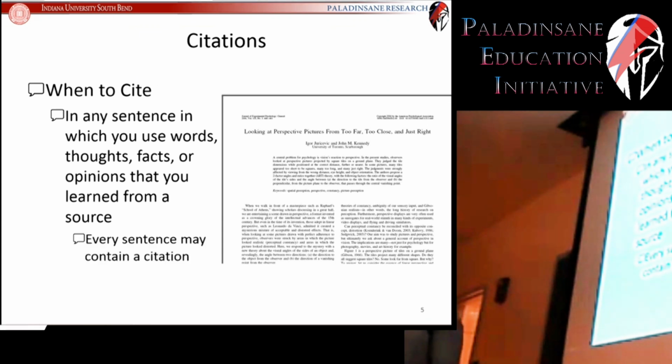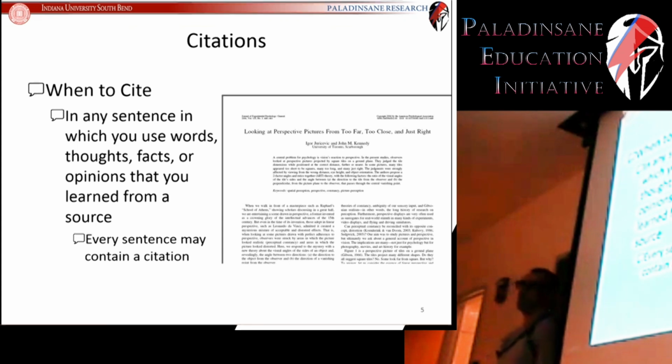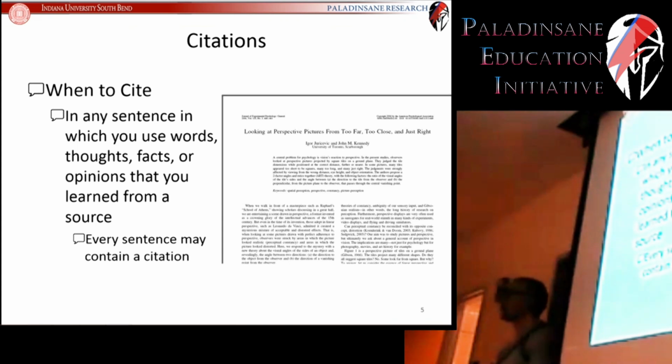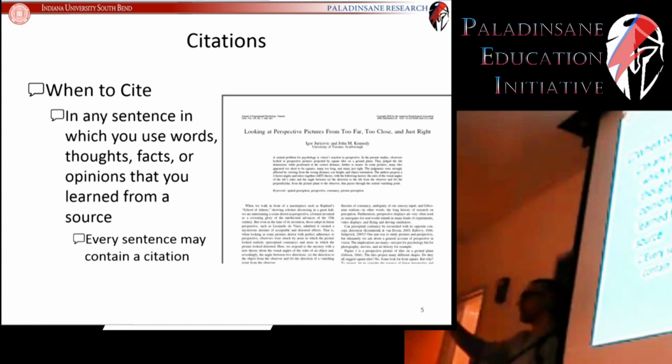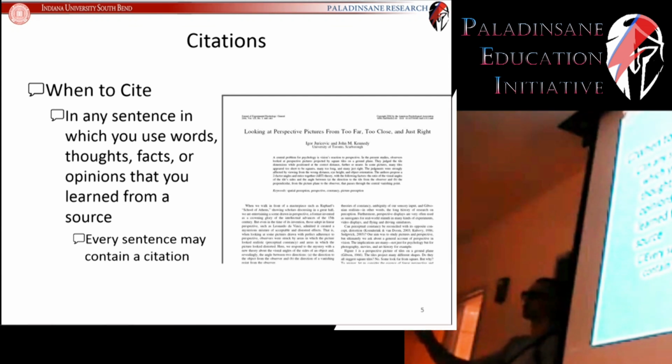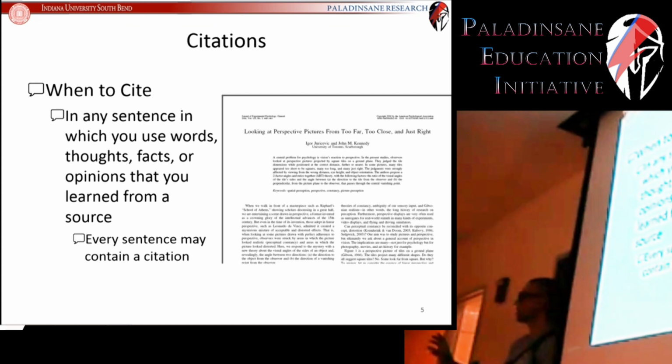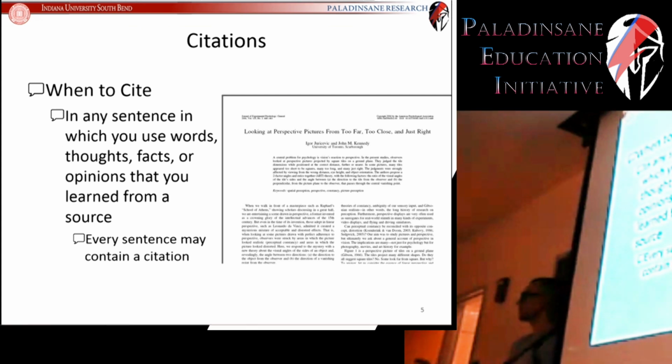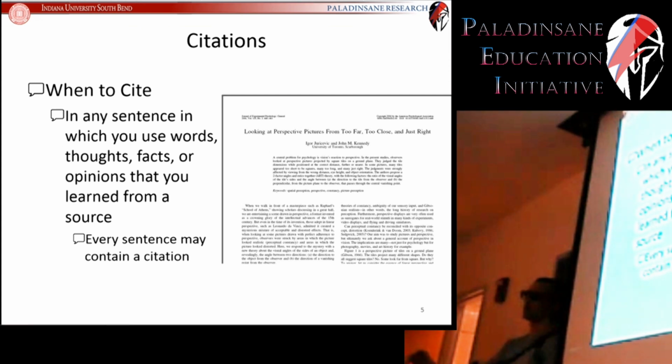Because of this, in a paragraph, every sentence might contain a citation. It's quite possible that you will say something like, reconstructed memory is this, and cite Roediger and McDermott. On the other hand, group cognition is this, and cite Weldon and Bellinger. And then something like, reconstructed memory has been shown to interact with group memory in studies done by, and then cite that third person.